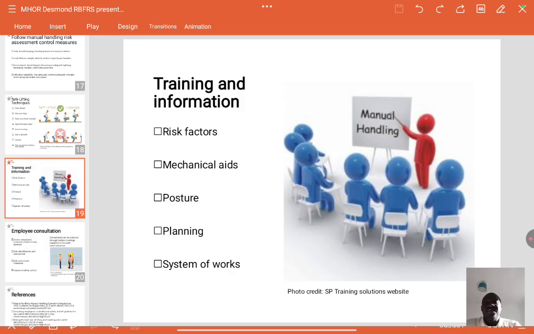It is very important to avoid liability damages by putting on record what you have done to prevent injury to workers. That is the aspect of reasonable, practicable measures that an employer takes. So if you're an employer, you always have to put on record what you have been doing to help employees avoid injuries on site.